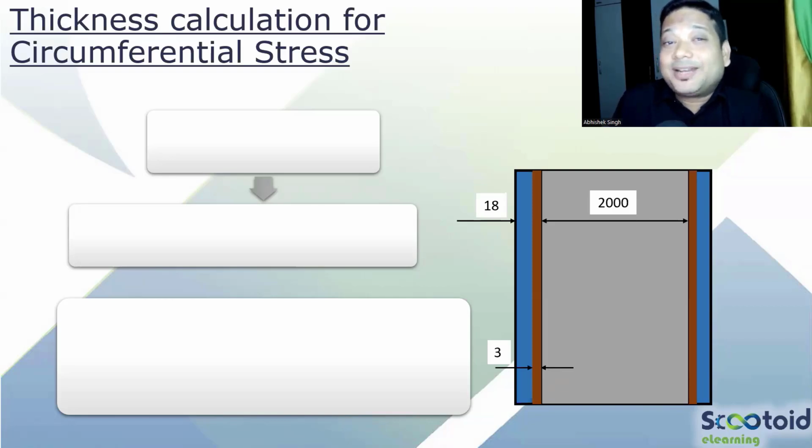So what will be my corroded diameter? 2006, right? So half of that, 1003, is the radius. Clear, right? No problem in that, because this is the point where many times people get confused.